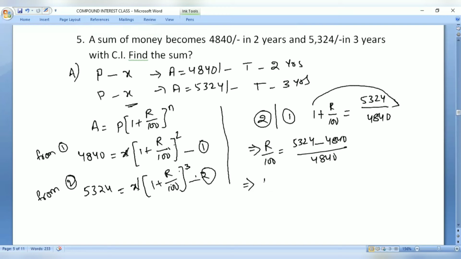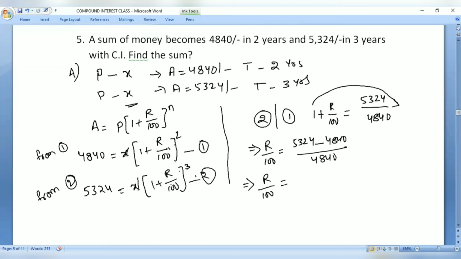On simplification, R by 100 equals, what is the difference? Calculate the difference: 5,324 minus 4,840.